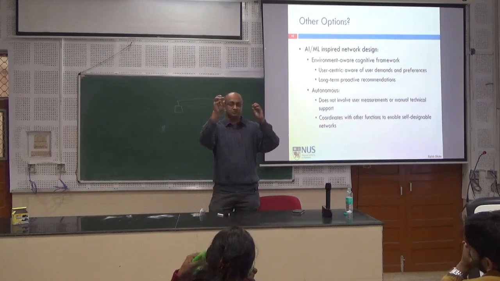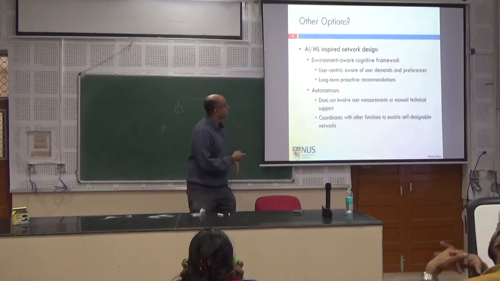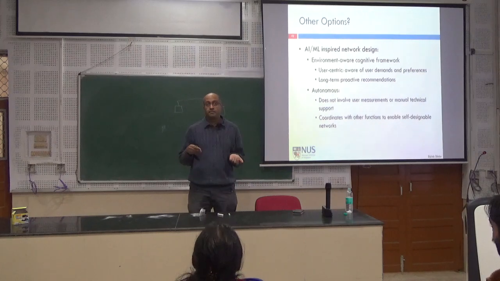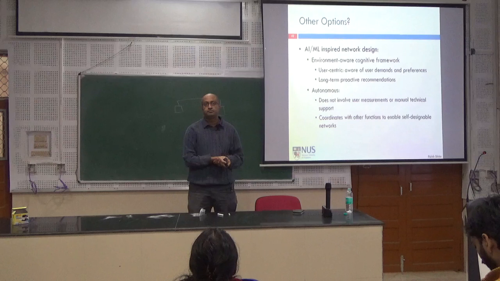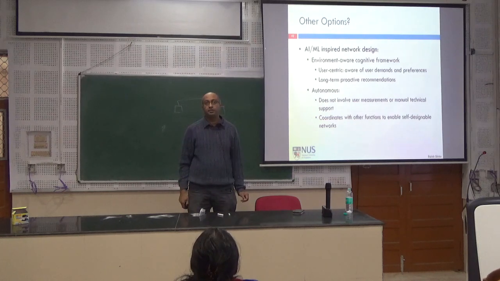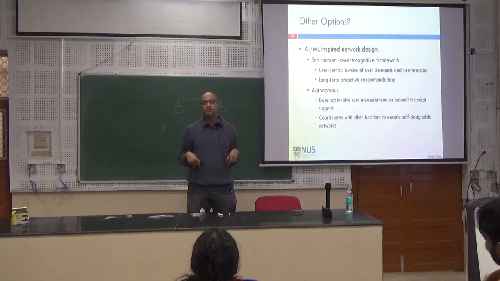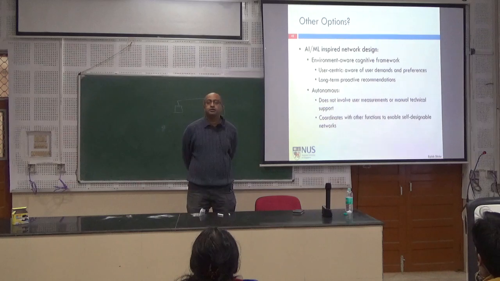You'll see granularities and so on. So, as an example, this agent could see that. What is the data rate at which you are watching your video? If it is high enough, then it thinks, okay, the user must be happy. If it's a low resolution video, then most likely the user is not happy.